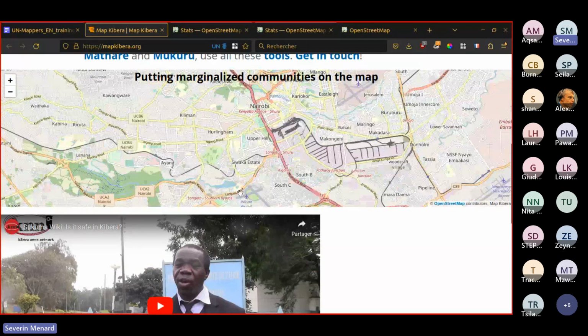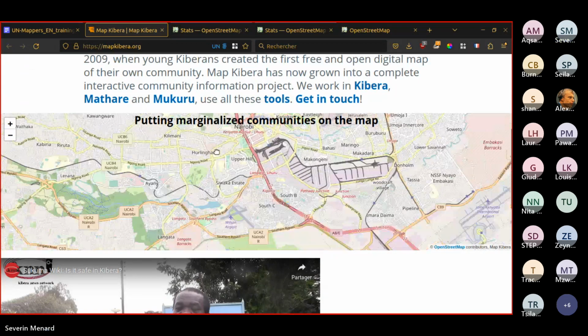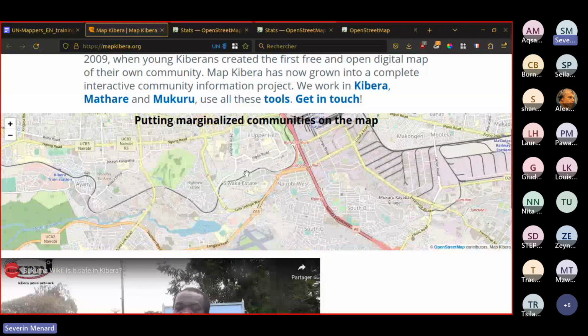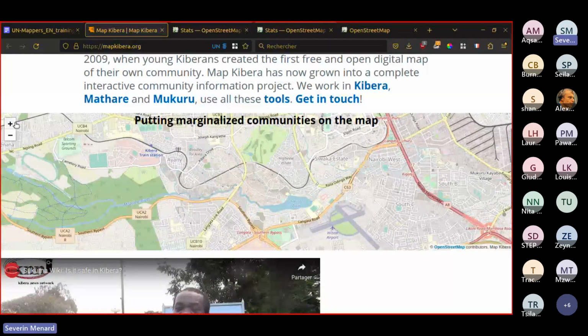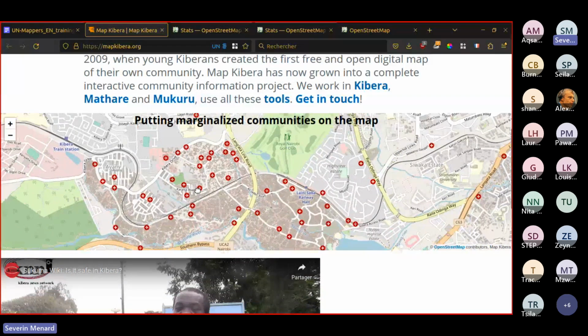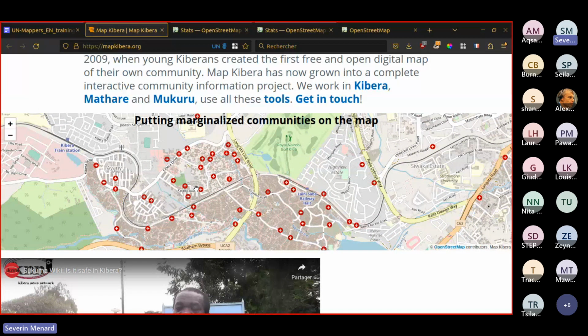Where's Kibera here? It's here. It was a blank spot in all the official maps in Nairobi.